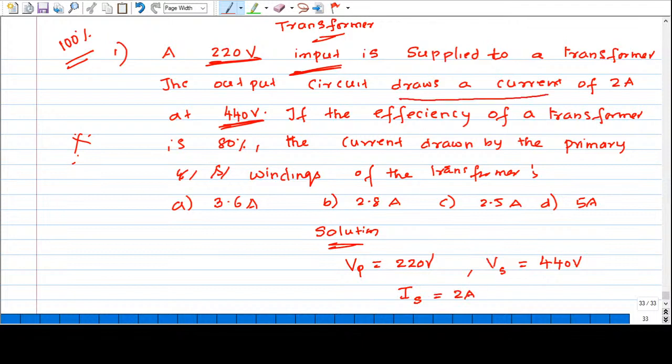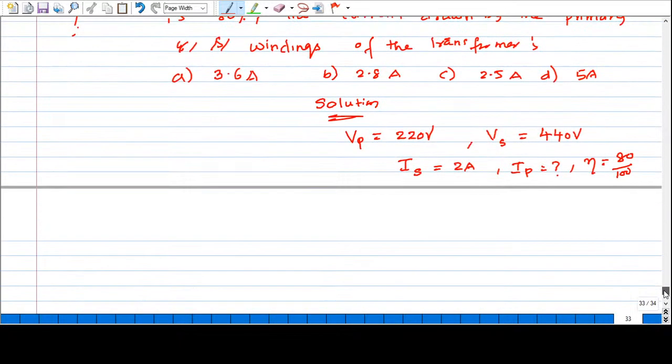Draws a current means Is, the secondary coil current. The question asked is to find the value of Ip. And eta has been given, it is 80 by 100. So Vp, Vs, Is and eta have been given.